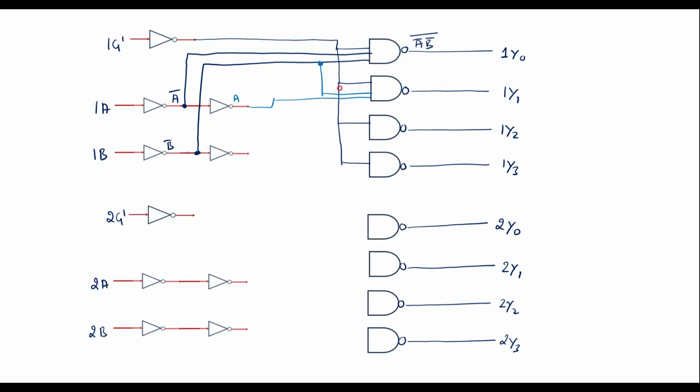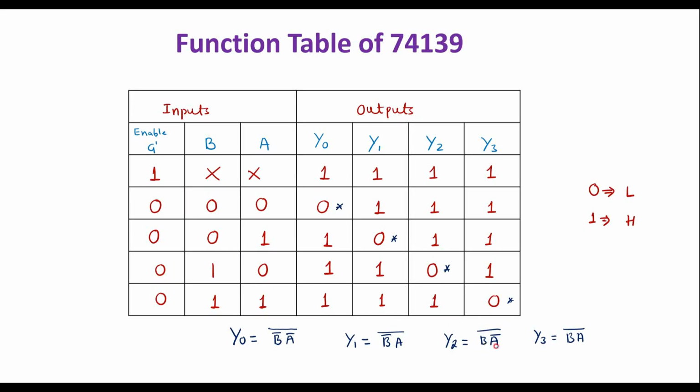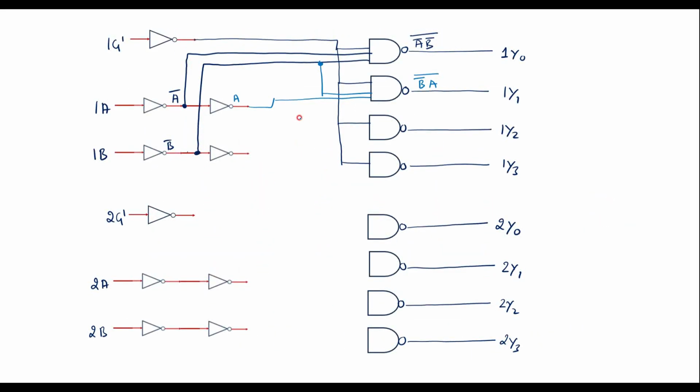So the output of this is B bar, another input is A, this is complement. Similarly, for Y2 we have B A bar. So we have A bar line, this is A bar line.